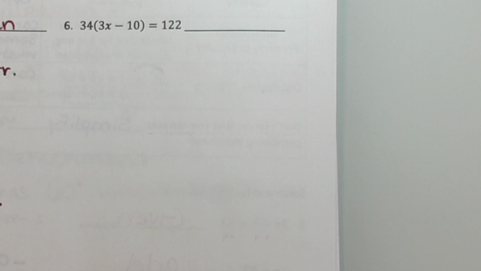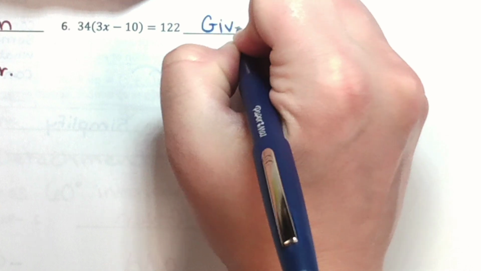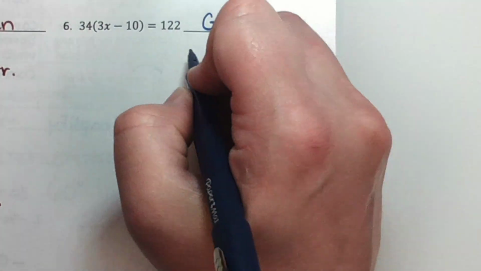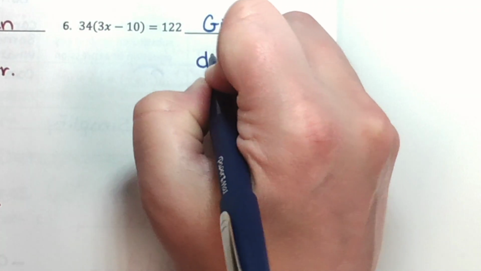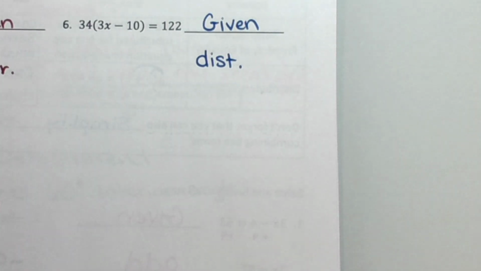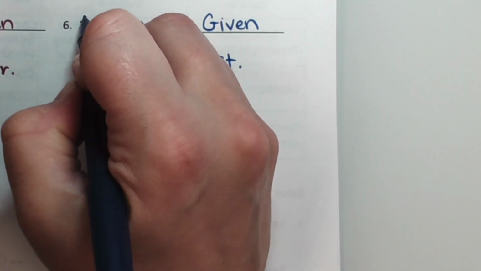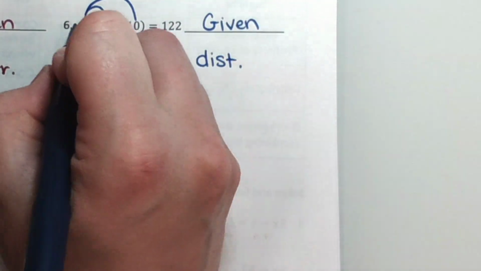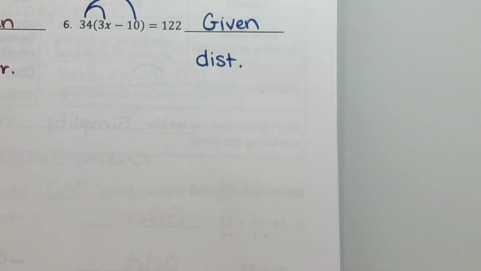So we got two more problems. 34 parentheses 3x minus 10 equals 122 is what I am given. What am I doing first? Distribute, which is one of a possible steps we can write. I distribute 34 times 3.